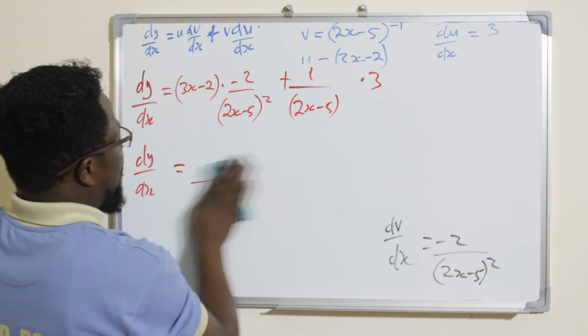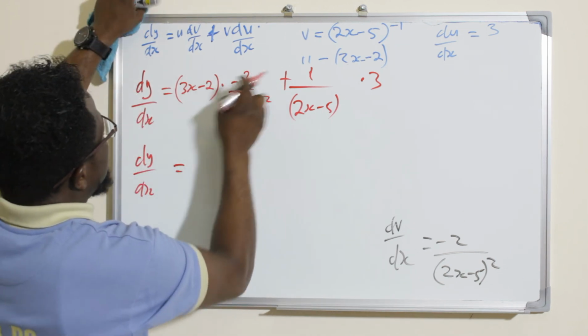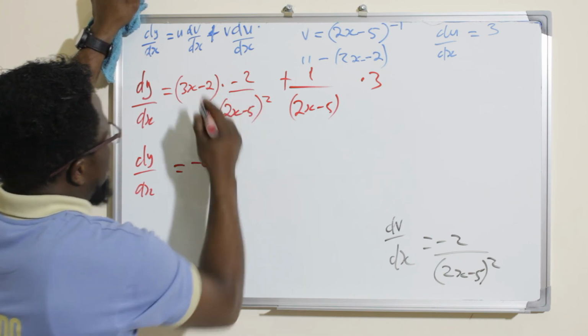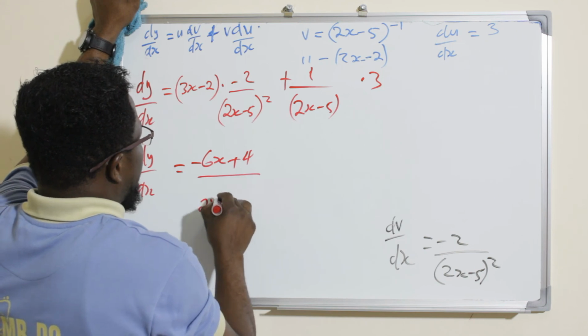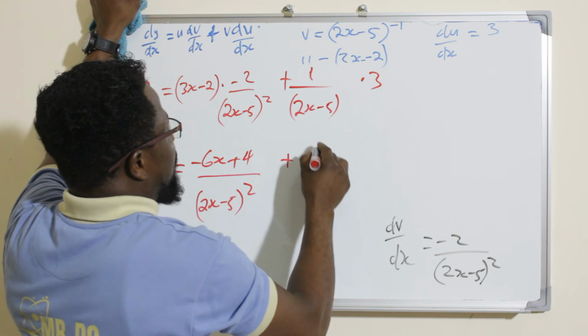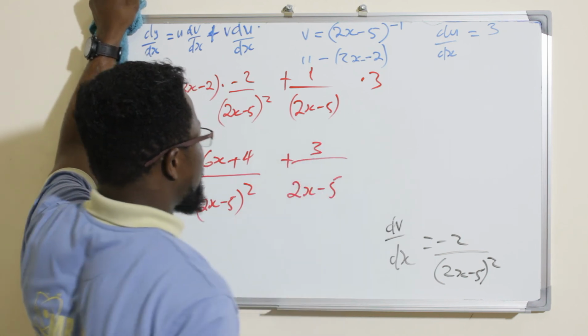Let's solve them one after the other. If I expand this, I'm going to have negative 6x plus 4 all over (2x minus 5) exponent 2, plus 3 all over 2x minus 5.